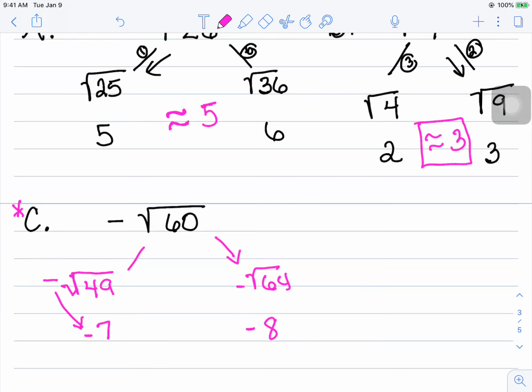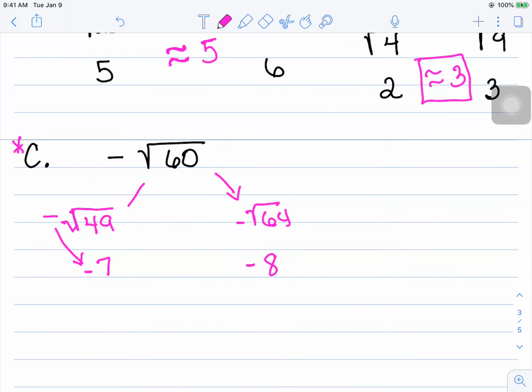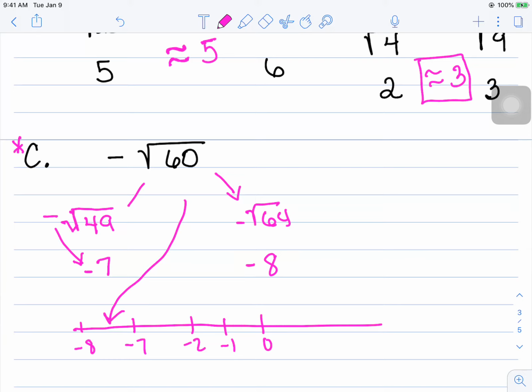Now, with negative numbers, we have to be very careful. Think about a number line. We have a 0, then we have negative 1, negative 2, and so on. What comes first would actually be negative 7, then negative 8. So our point is going to lie somewhere in between here. So negative 8 actually corresponds with the negative square root of 64, and negative 7 corresponds with the negative square root of 49.